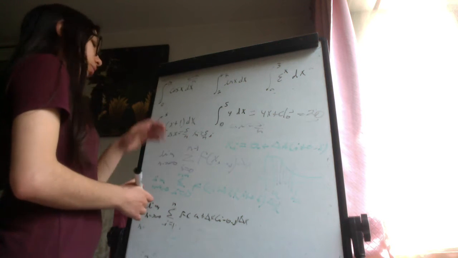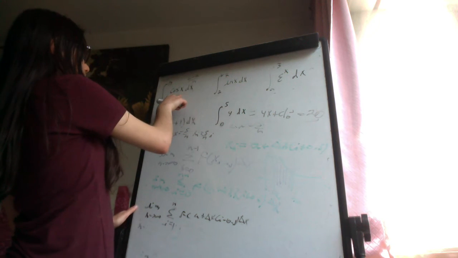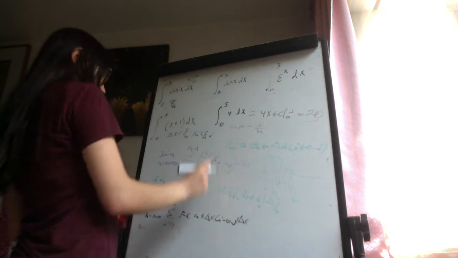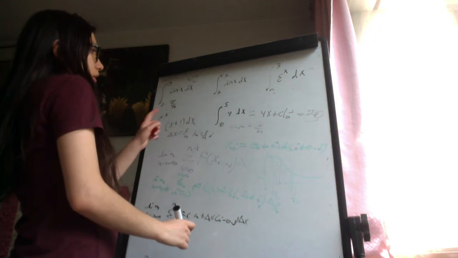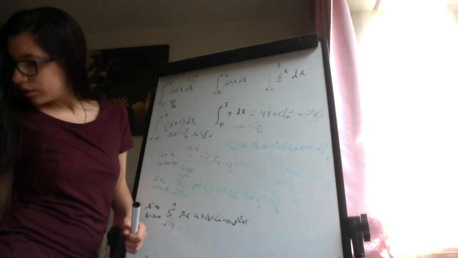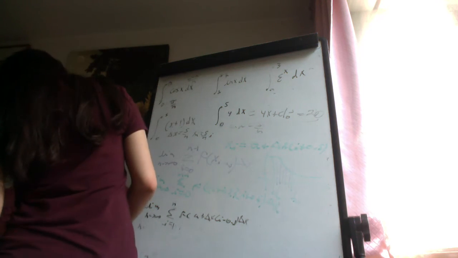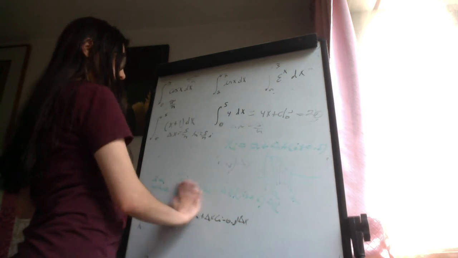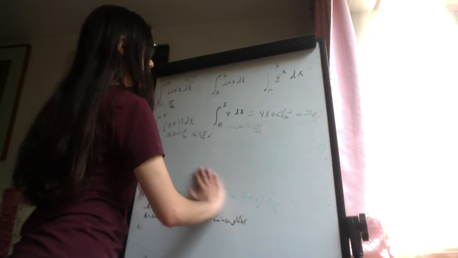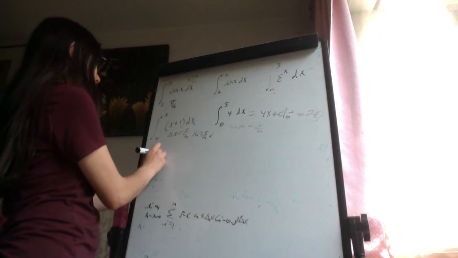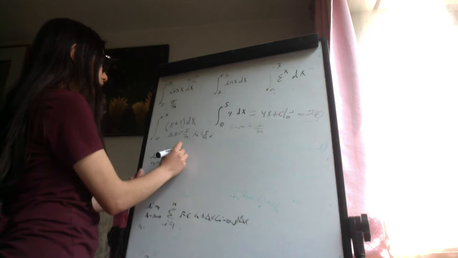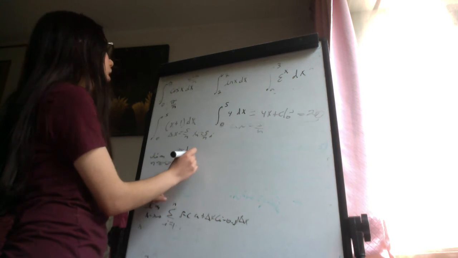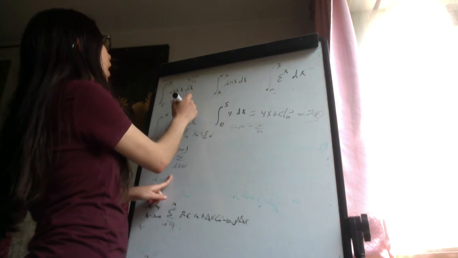Alright, now let's put any one of these. Delta x from this would be pi minus 0 over n, which is pi over n. So it will be the limit as n approaches infinity of the summation, the traditional way, from i equals 0 to n minus 1 of, what's x sub i first?